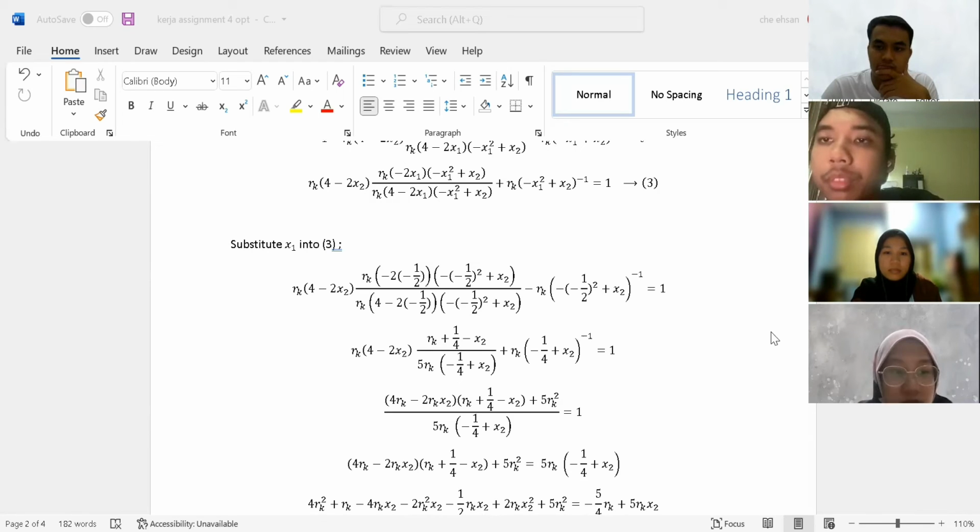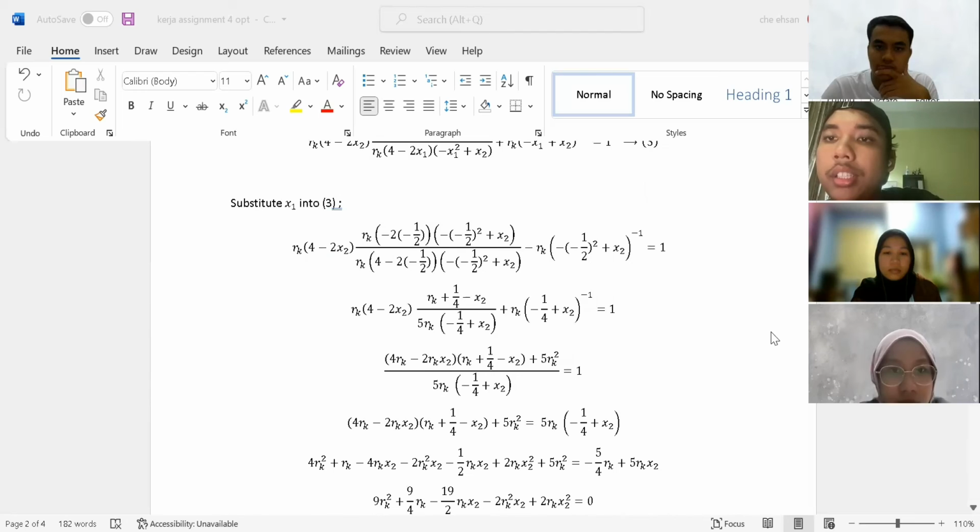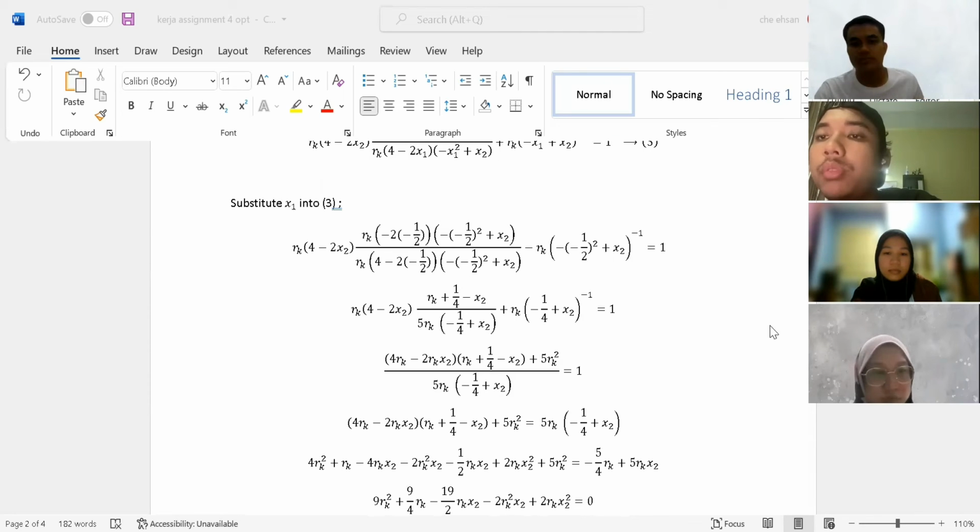We settle this down and calculate. We got rk times (4 minus 2x2) times rk plus 1 over (4 minus x2) over 5 rk minus 1 over (4 plus x2) plus rk times (negative 1 over 4 plus x2) to the power of negative 1 equal to 1.